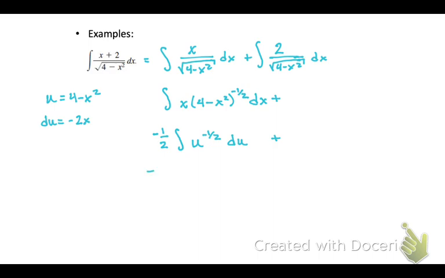So I get negative 1/2 times 2 u to the 1/2. Actually, it would not be negative 1/2, would it? It'd be negative the square root of u, which would be 4 minus x squared.